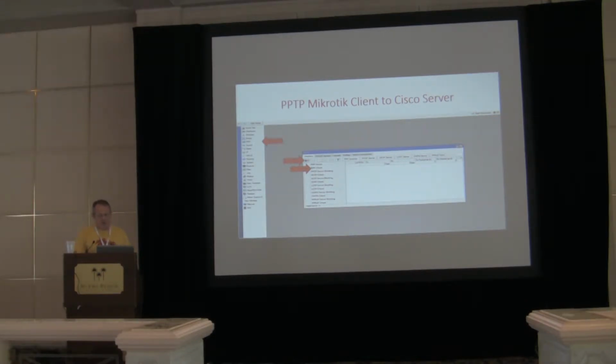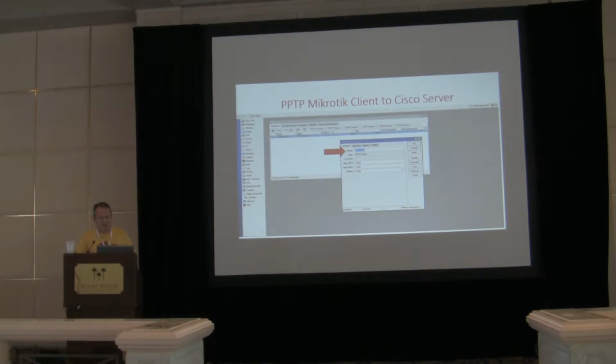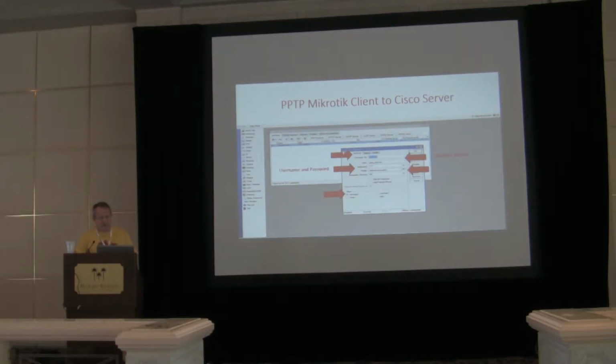First thing is real simple on the MikroTik: PPP. We're going to add an interface, PPP client, go through it, name it whatever you want to name it. I just left it as default. Next, we'll go into the dial out tab.